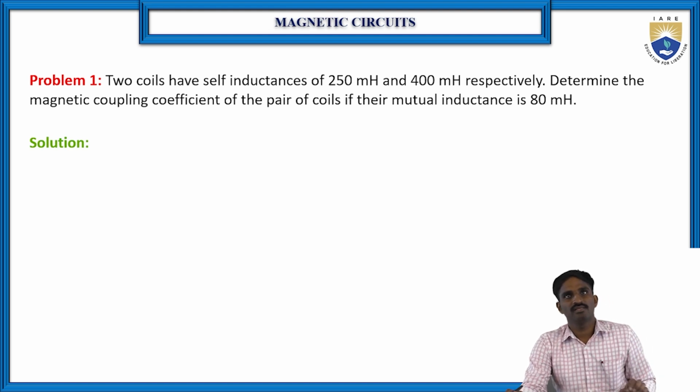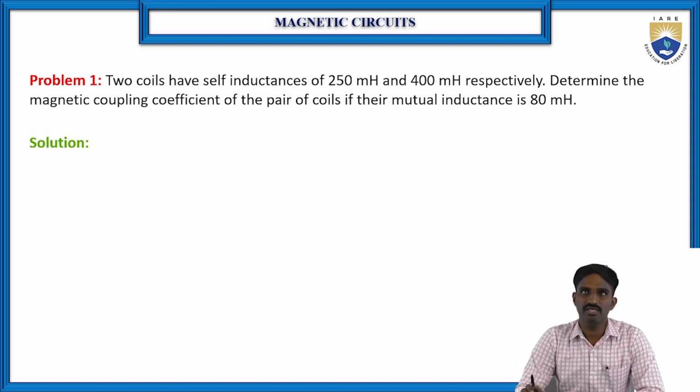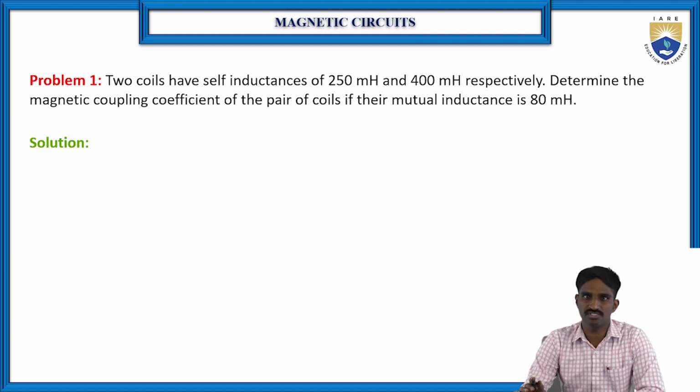Determine the magnetic coupling coefficient of the pair of coils if their mutual inductance is 80 millihenries. Of course, this is a direct question. If you remember the equation, we just need to substitute the parameters in it and simplify, then you will get the answer.